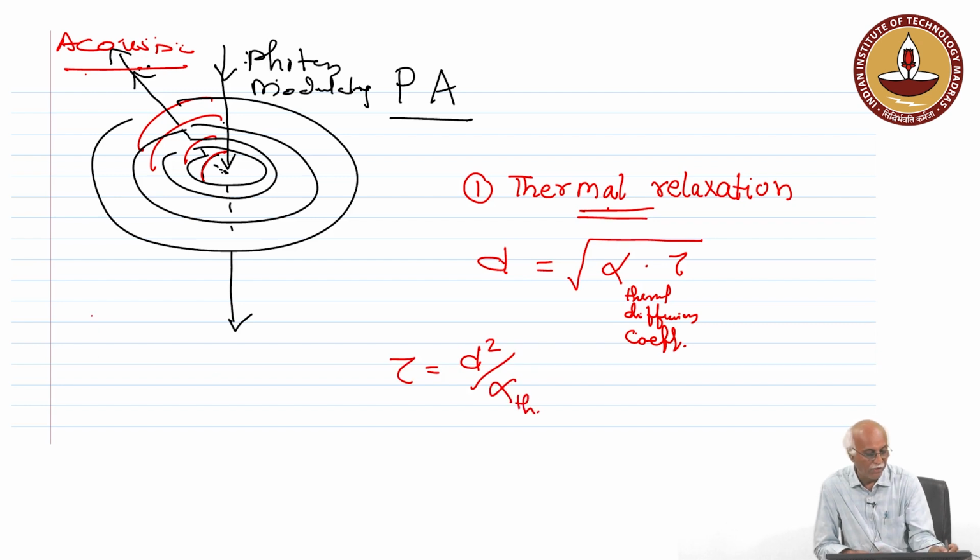Now, this alpha thermal diffusion is nothing but the thermal conductivity of the material divided by density into specific heat. So, K is thermal conductivity.